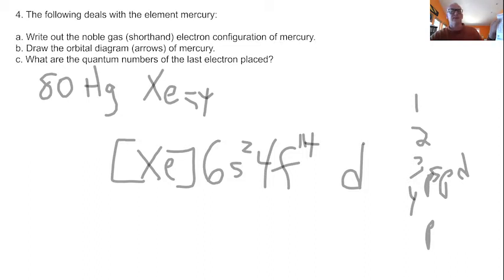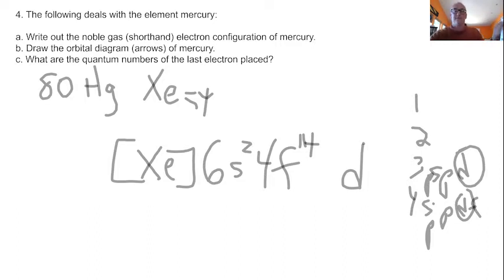Where's the third time? Number 4. That's the 4th time. I'm sorry, that's the 2nd time we come across it. So 4 has S, P, D, and F. So this is the first time we see it, this is the 2nd time. When's the 3rd time we see it?